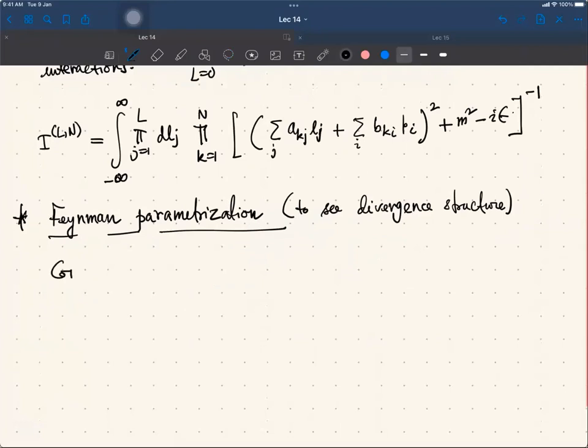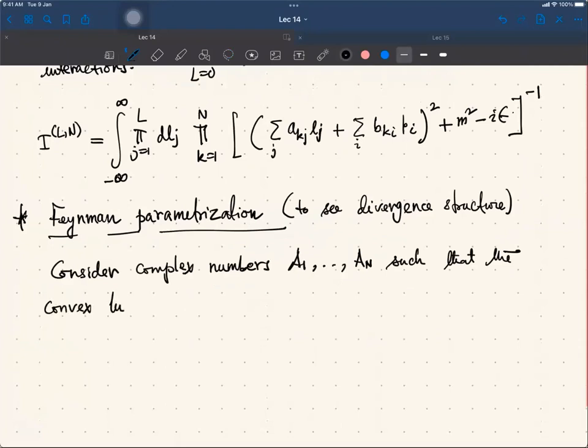Consider complex numbers A1 to AN such that the convex hull of these complex numbers on R2, on the complex plane, does not include the origin.